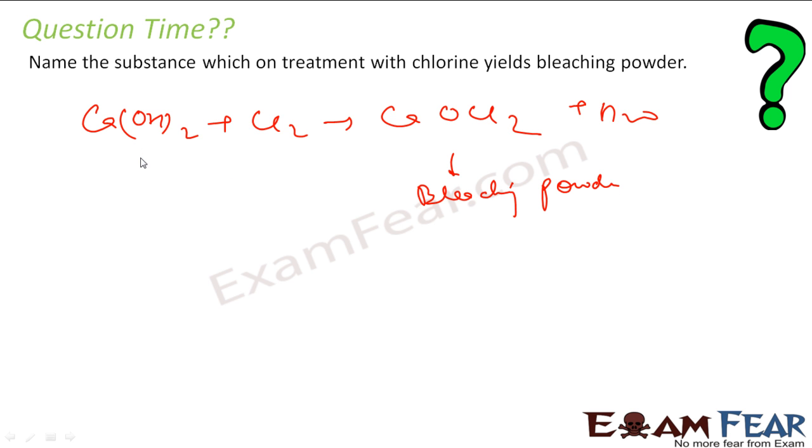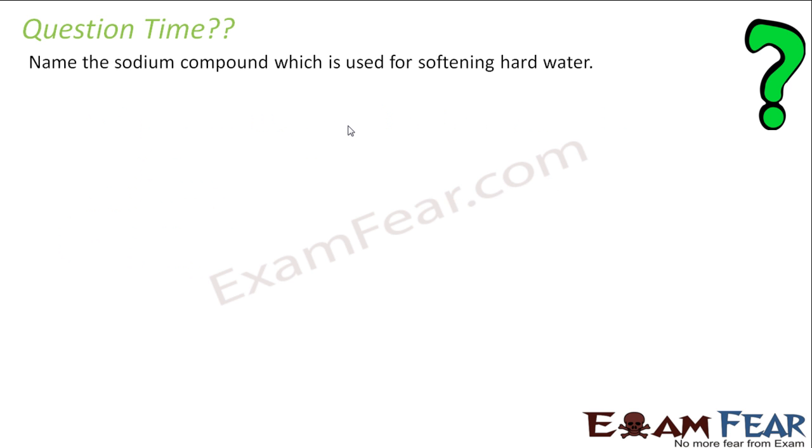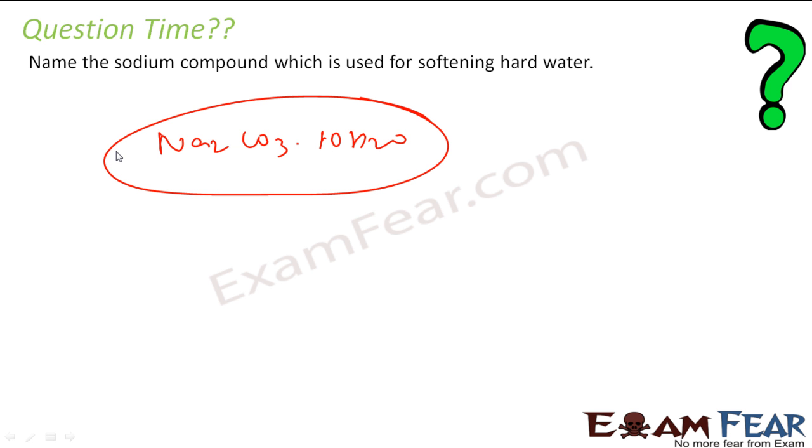So the substance the question is asking for is nothing but calcium hydroxide. Name the sodium compound which is used for softening hard water. We know that we use washing soda, Na2CO3.10H2O, for softening hard water.